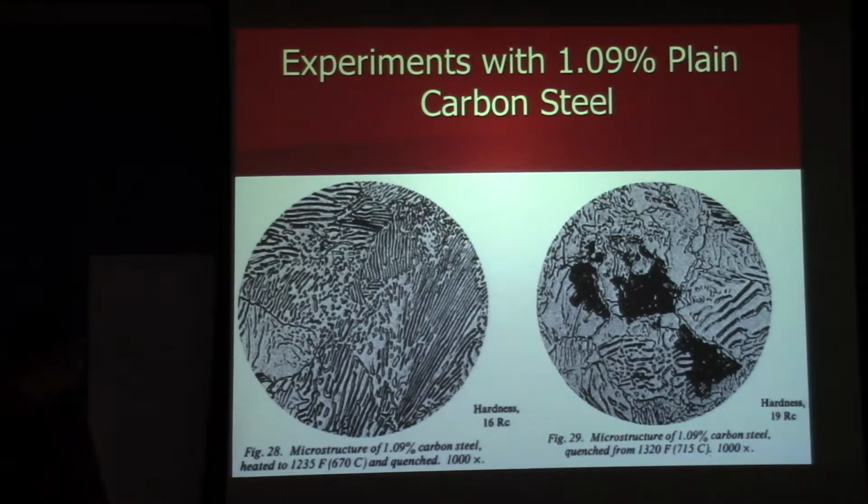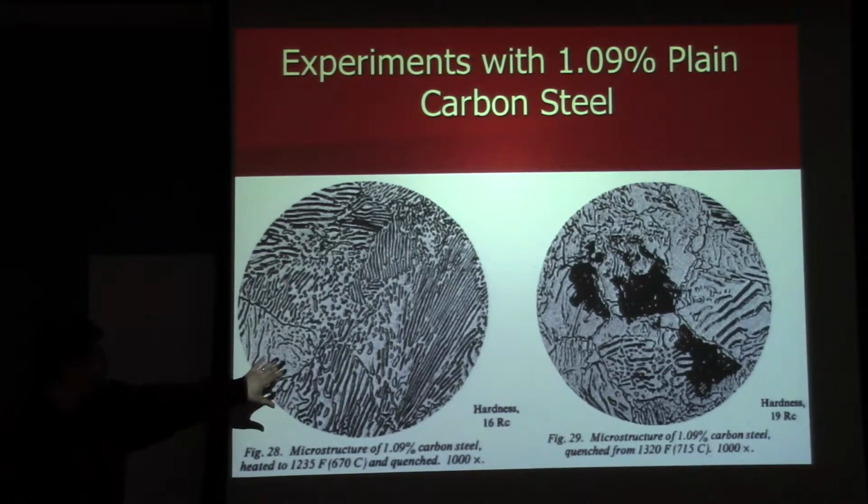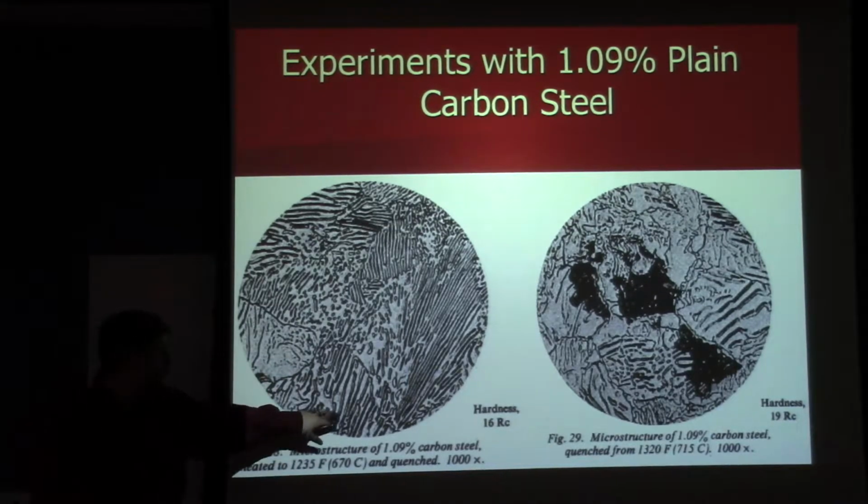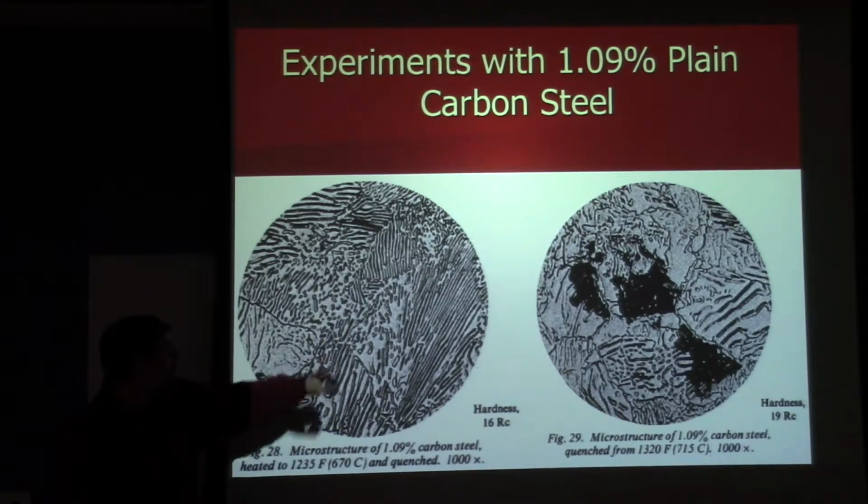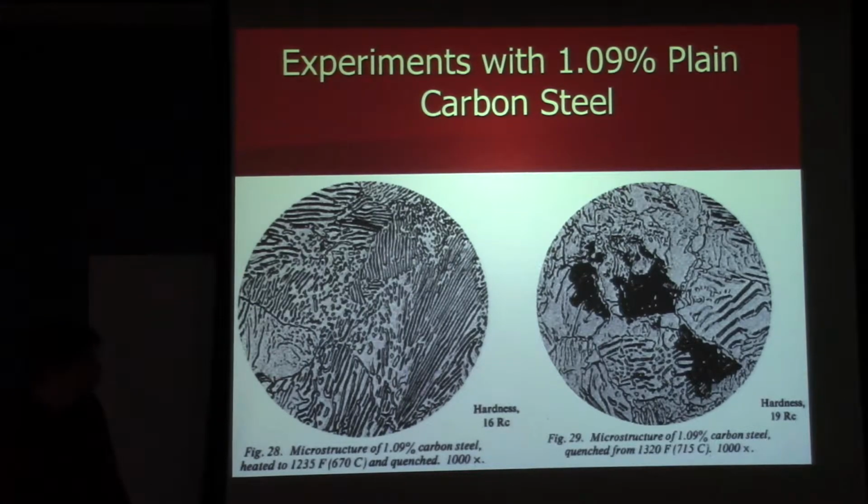And he heats things up. We don't initially see much change. You can see that the pearlite layers are pretty coarse here. Well, actually, this is 1000x, so they're actually pretty fine, but they look a bit like fingerprints. And he's getting some increases in hardness as he goes up in temperature, but it's not very rapid yet.